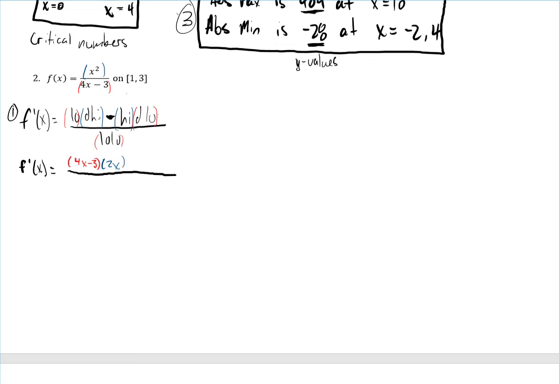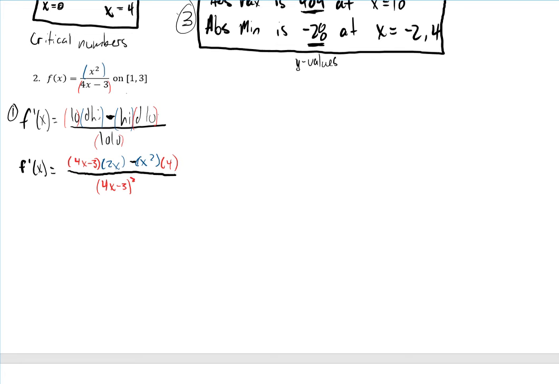And then we have our minus. The high portion is just x squared. And then the derivative of the low portion would be 4. All over our low portion, 4x minus 3, I saw that as cube for some reason, 4x minus 3 squared. So there's our function written out.